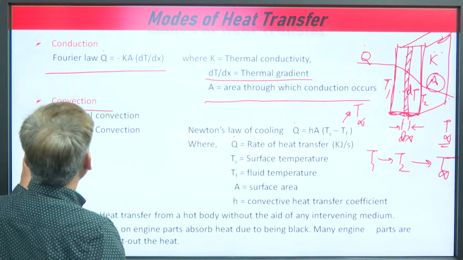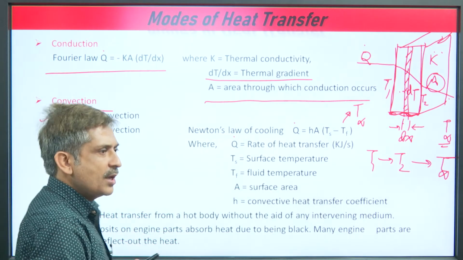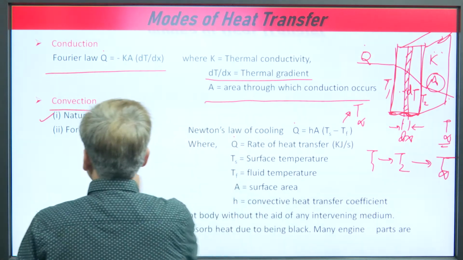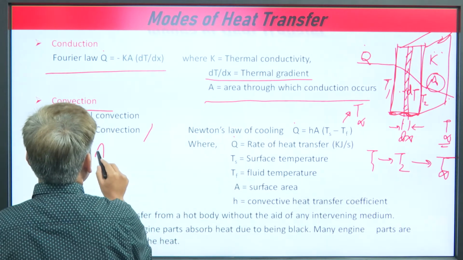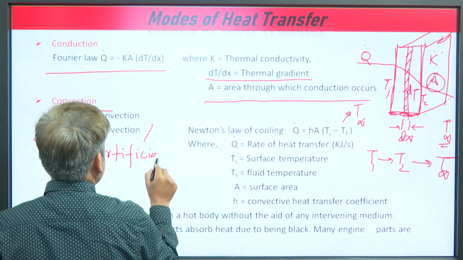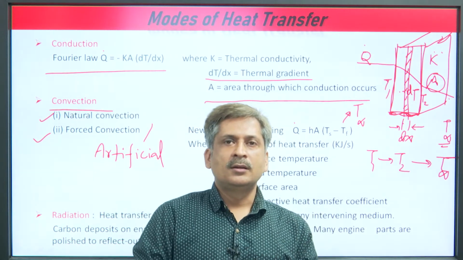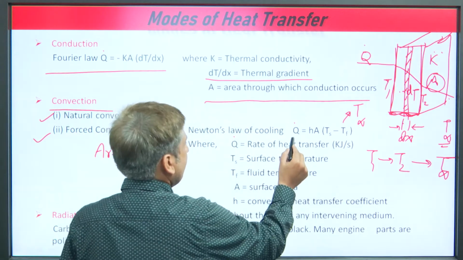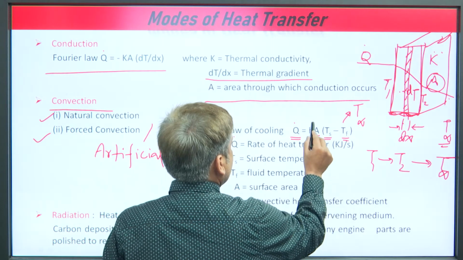Convection is of two types: natural convection, in which no external device is used for cooling, and artificial or forced convection, in which we need some fan to increase the cooling rate, because the heat transfer rate depends upon surface area and h.